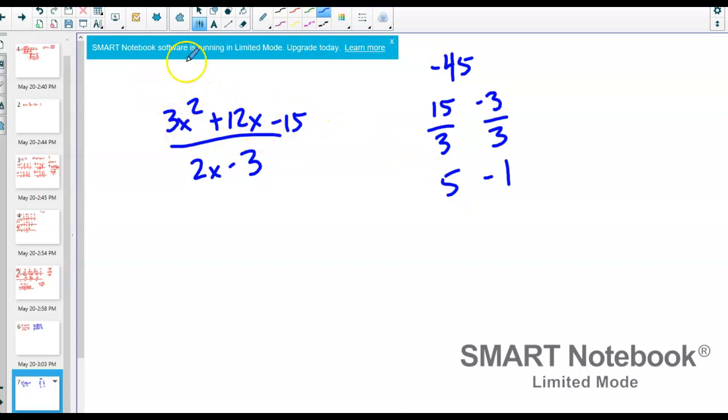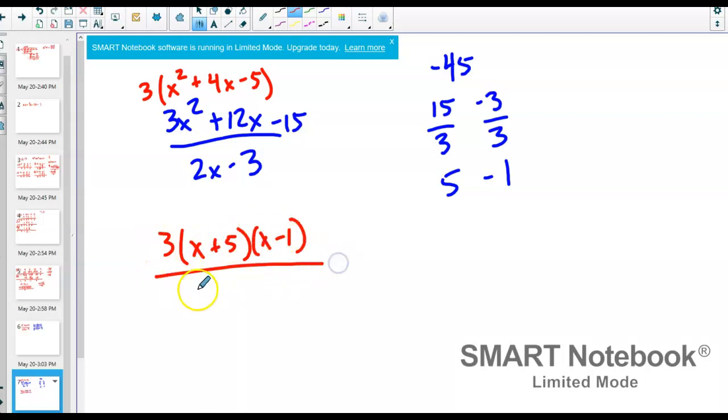So I apologize. This is actually what it should look like: 3 and then x squared plus 4x minus 5, which would factor to 3 and then x plus 5 and x minus 1. And this is 2x minus 3.